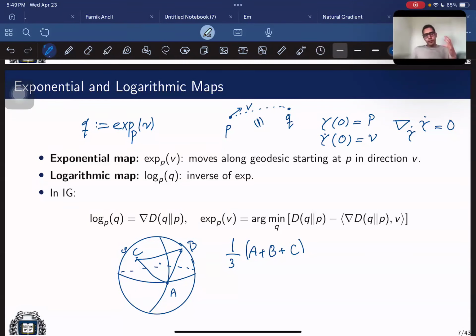And very much the same, we can define the logarithmic map. Given 2 points, P and Q, what is the autoparallel curve, which is a geodesic, that starts at point P and ends at point Q?